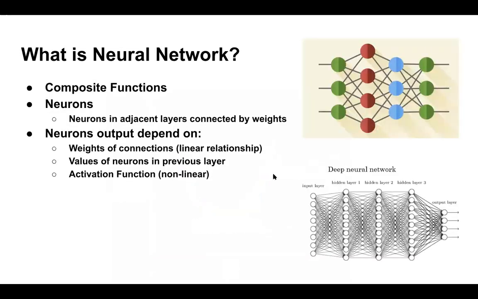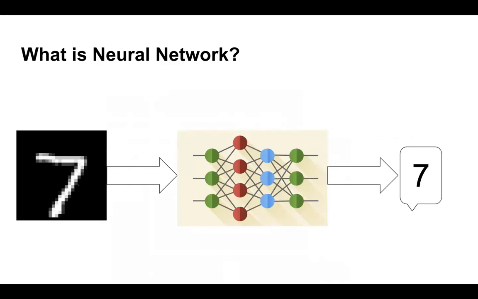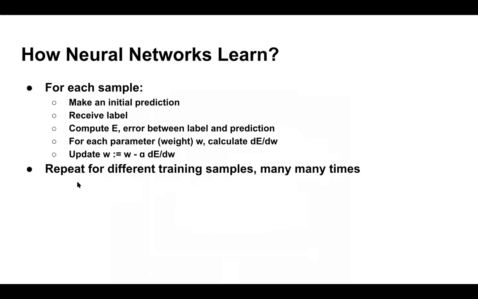For example, if this picture looks like a 7, and initially it might predict 5, then we tell it, okay, this is wrong, and it will find a way to compute its error in prediction, which we call E. Then we calculate, for each of the weights, which are the parameters that the neural network can learn from and adjust, what is the derivative of E with respect to W?